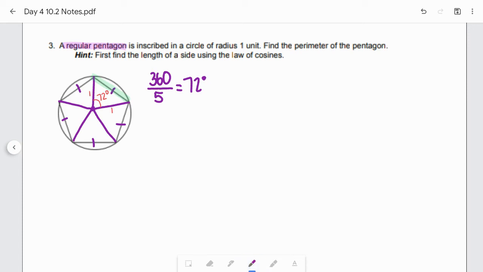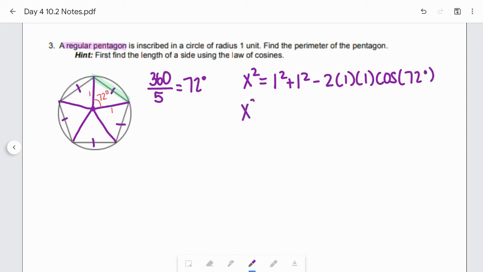So I would want to use x squared is equal to 1 squared plus 1 squared minus 2 times 1 times 1 times cosine 72 degrees. So I have x squared is equal to approximately 1.382. When we take the square root, we find that x is equal to 1.18 units.